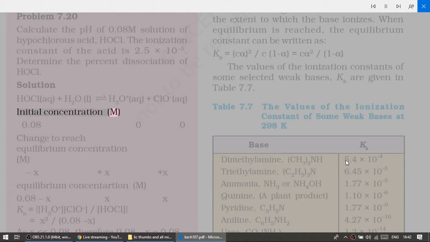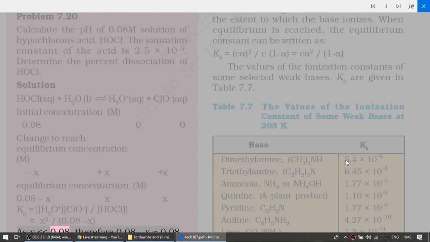Initial concentration, M: 0.0800. Change to reach equilibrium, M: −x, +x, +x. Equilibrium concentration, M: 0.08 − x, x, x. Ka = [H3O⁺][ClO⁻]/[HOCl] = x²/(0.08 − x).